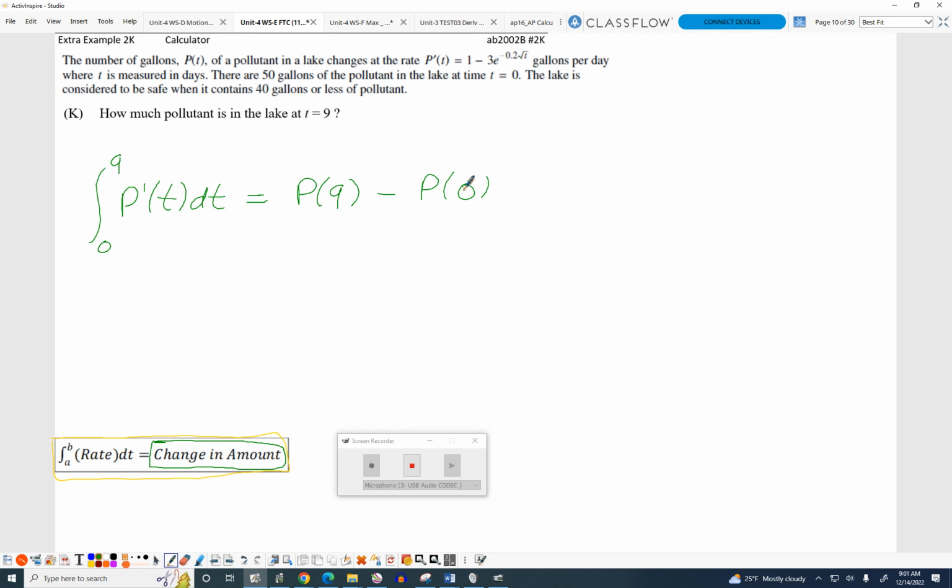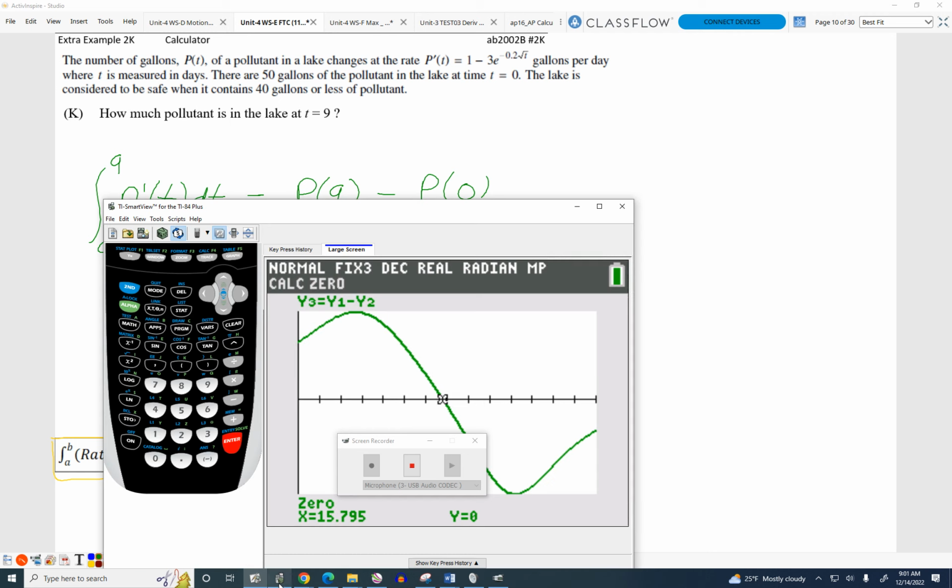We can find this integral because we have a calculator, so let's do that. Let's come back over here. Load in the correct calculator file, 2b number 2. So I go to the main screen and I do math 9, 0 to 9.